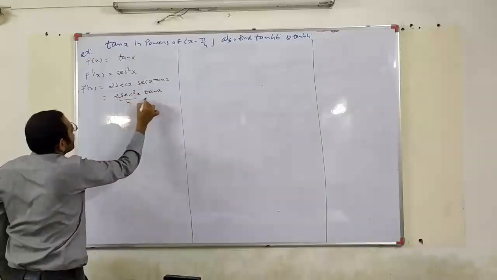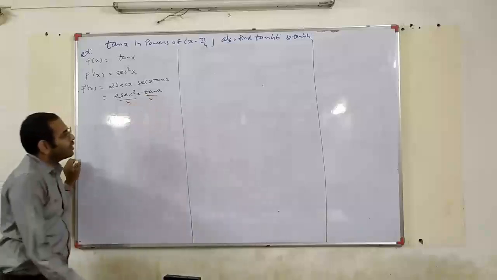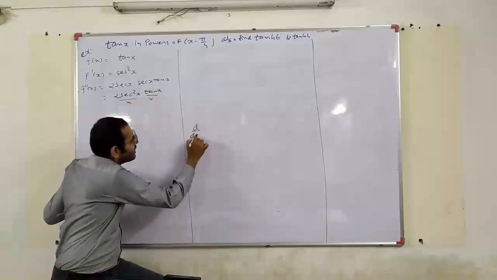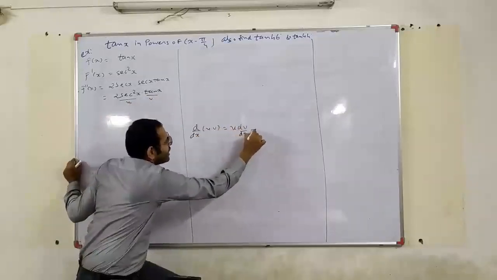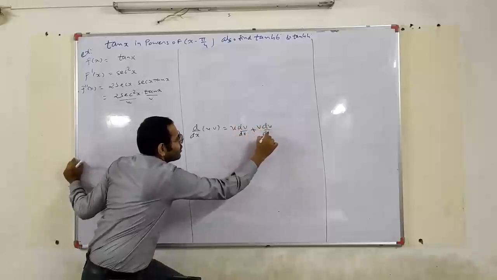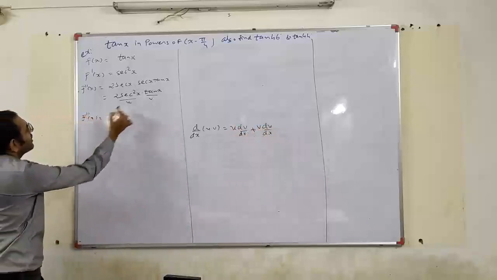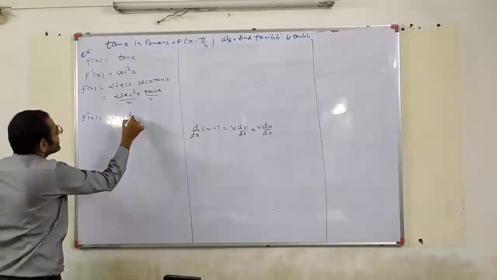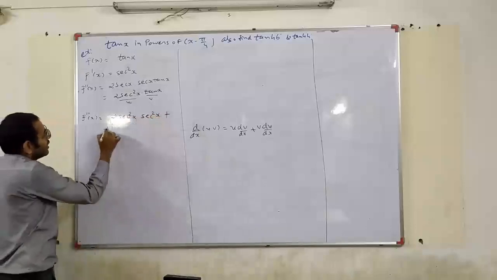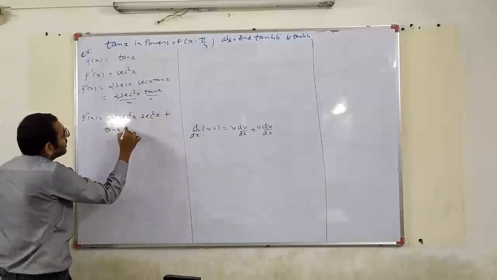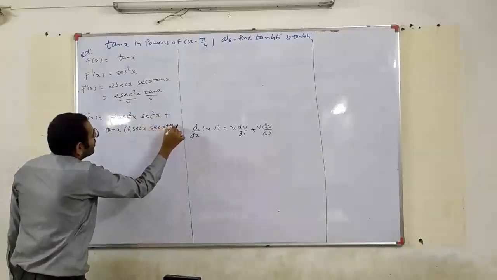Now that is the value of u, and that is the value of v. We will use the product rule, means d by dx of uv is u as it is times derivative of v, plus v as it is times derivative of u. And for the third derivative, we get u as it is, derivative of v, that is sec square x, plus tan x as it is, 2 2s are 4, sec x into sec x tan x.